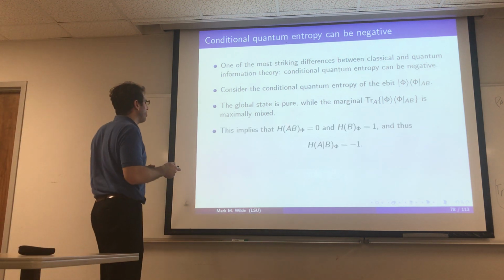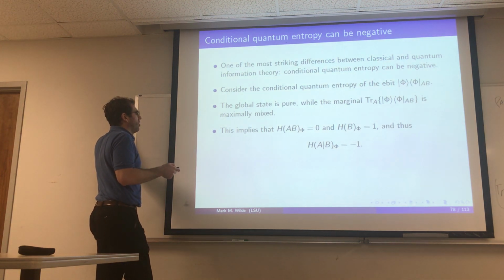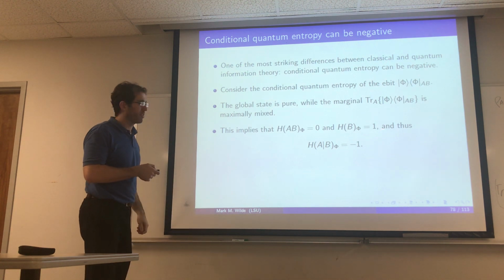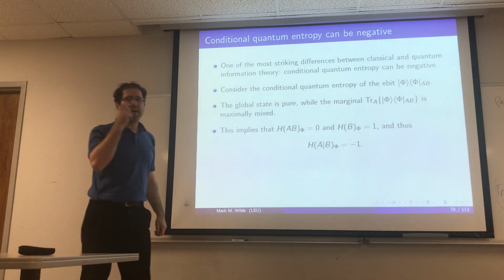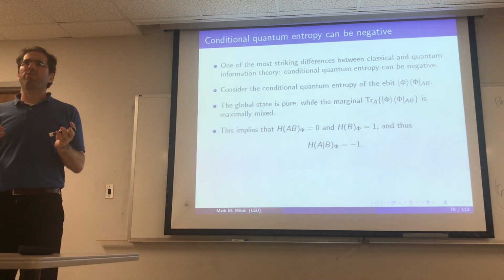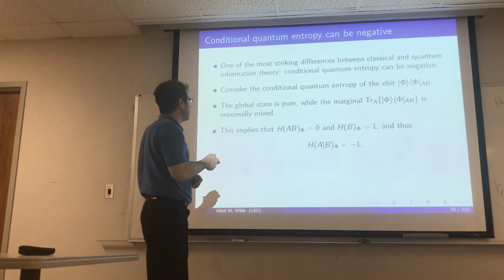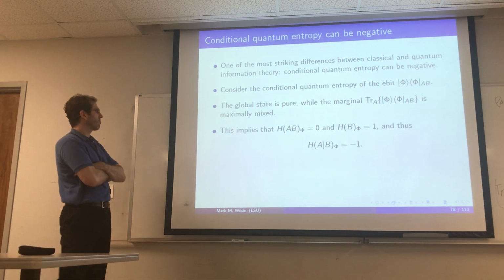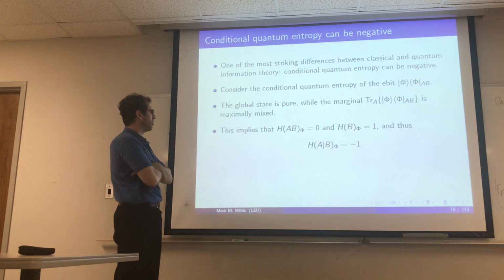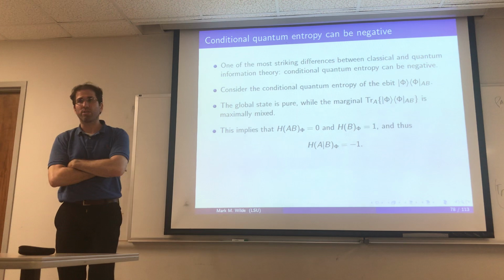So what does that mean? The joint entropy is 0. You can have no uncertainty about the global state. The marginal entropy is 1. That's the highest value for a qubit, the maximally mixed state. So even though you can be completely sure about the global state and have 0 entropy, 0 uncertainty, the reduced state can be completely uncertain.